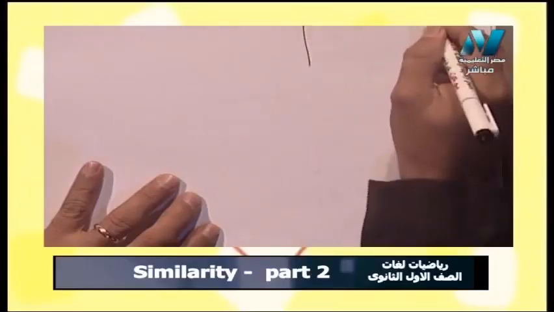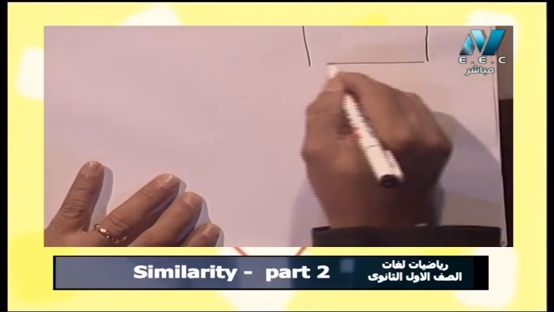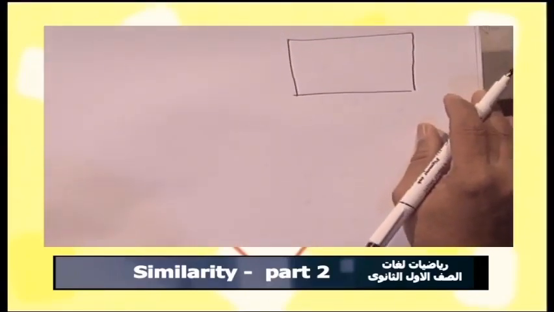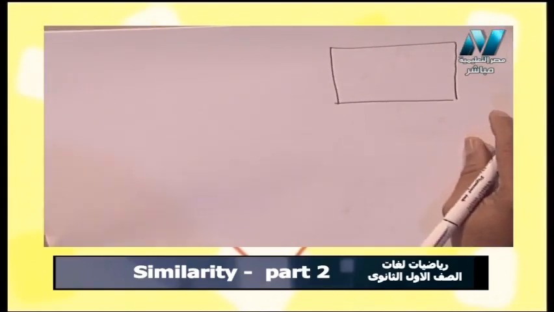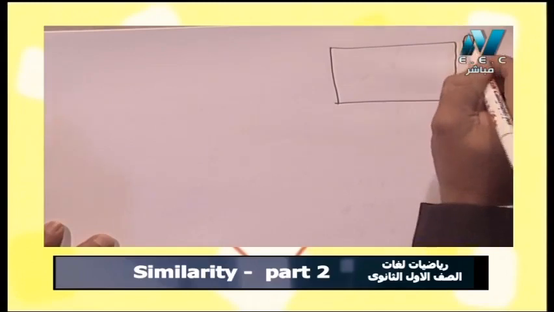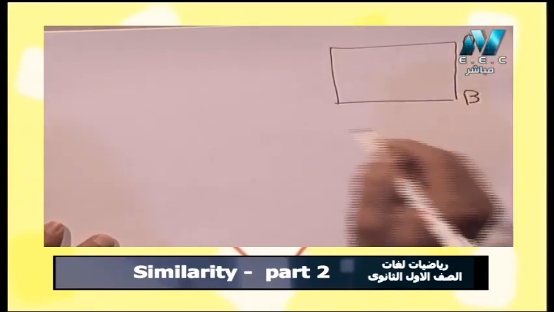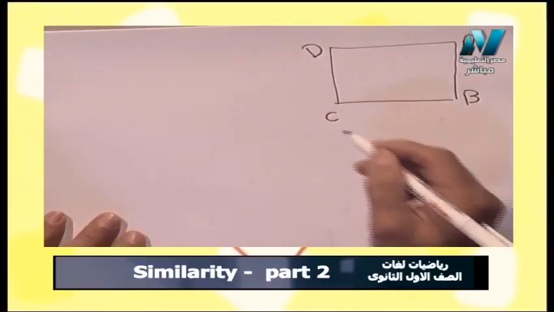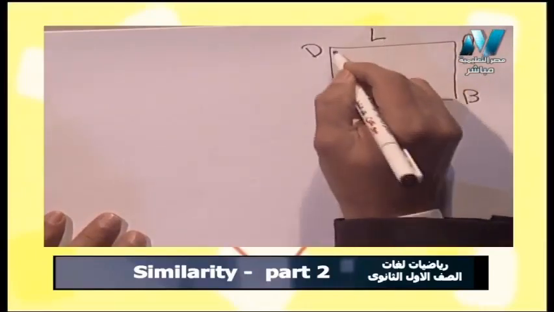We have here the school book question. We have a rectangle, so concentrate with me. Okay, we have rectangle ABCD, and we have here the length of the rectangle.